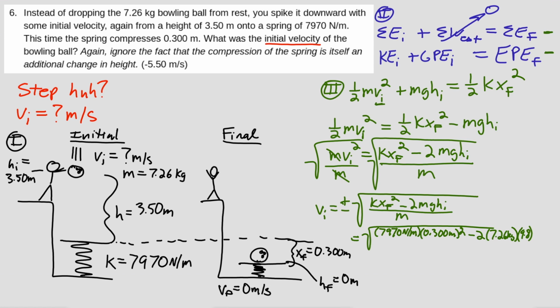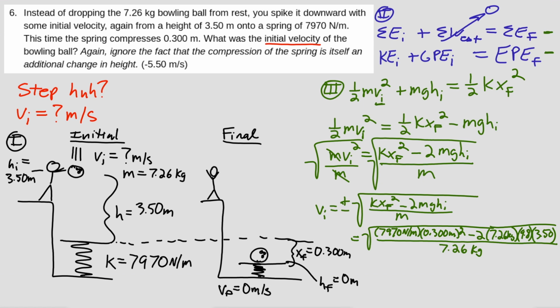G, and I'm going to have to leave off the units because I've run out of space, 9.8 meters per second squared. H initial was 3.5 meters. So let me extend that. And this whole thing gets divided by the mass of the bowling ball, 7.26 kilograms. And just to be clear, that whole thing is all under the square root.